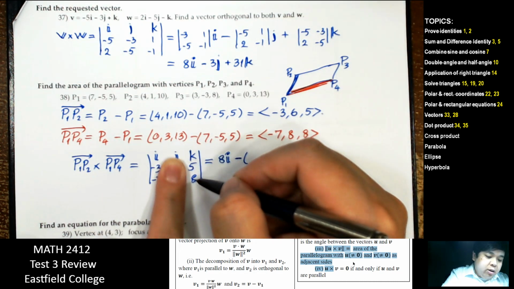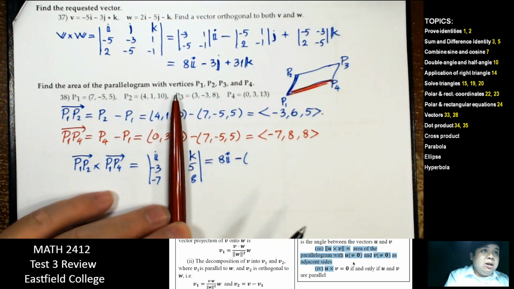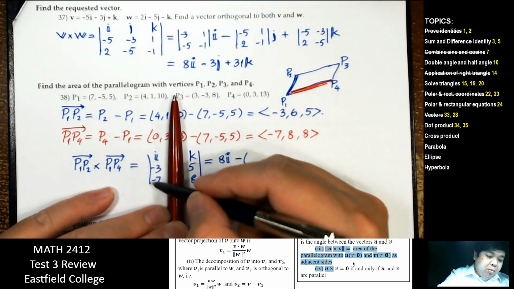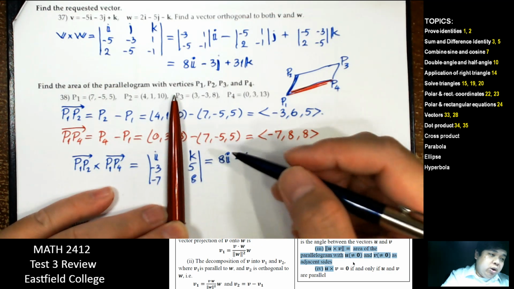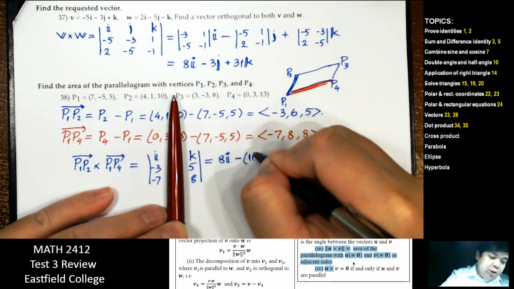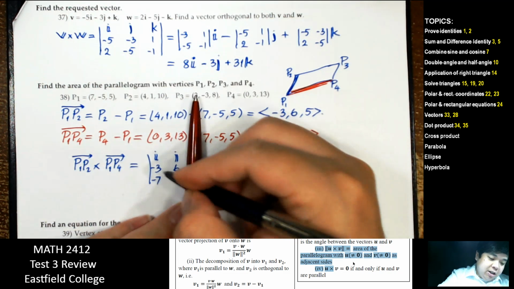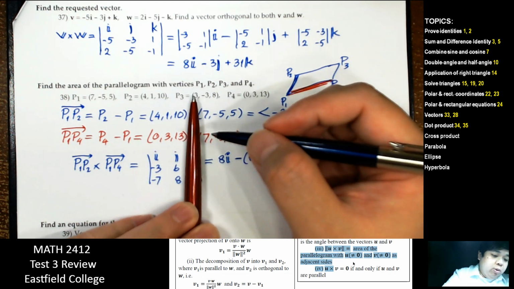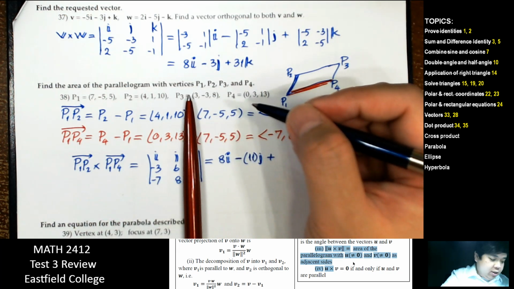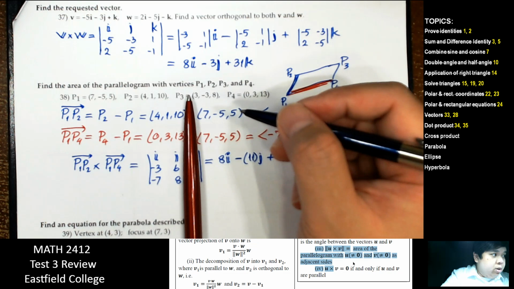Negative 24 plus 35. 35 minus 24, so that's 11j. And then plus negative 24 and 42, which will be 66.